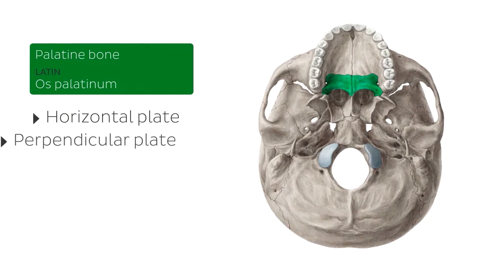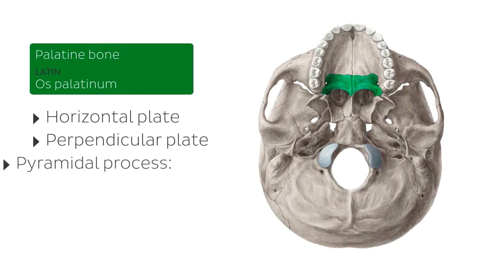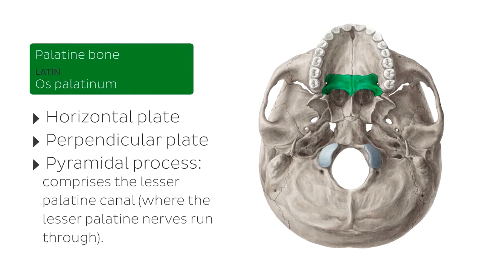Another part is the perpendicular plate, which contributes to the lateral wall of the nasal cavity, and also the pyramidal process, which comprises the lesser palatine canals, and here the lesser palatine nerves run through.